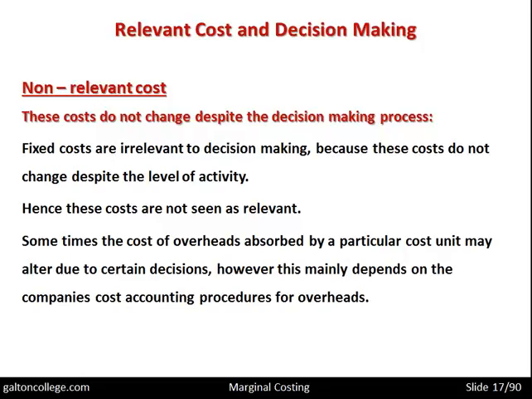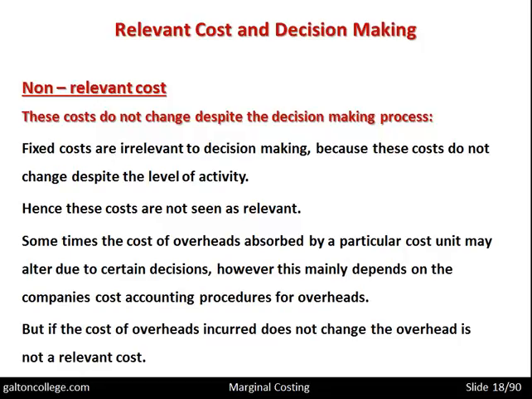Of course, if the company's not generating profits and is facing a bad market situation, then the company may have to make redundancies amongst some of those staff, thereby trying to reduce that particular fixed cost. If the cost of overheads incurred does not change, the overhead is not a relevant cost. So overheads tend to be fixed, and therefore, in a sense, they're not taken into account.